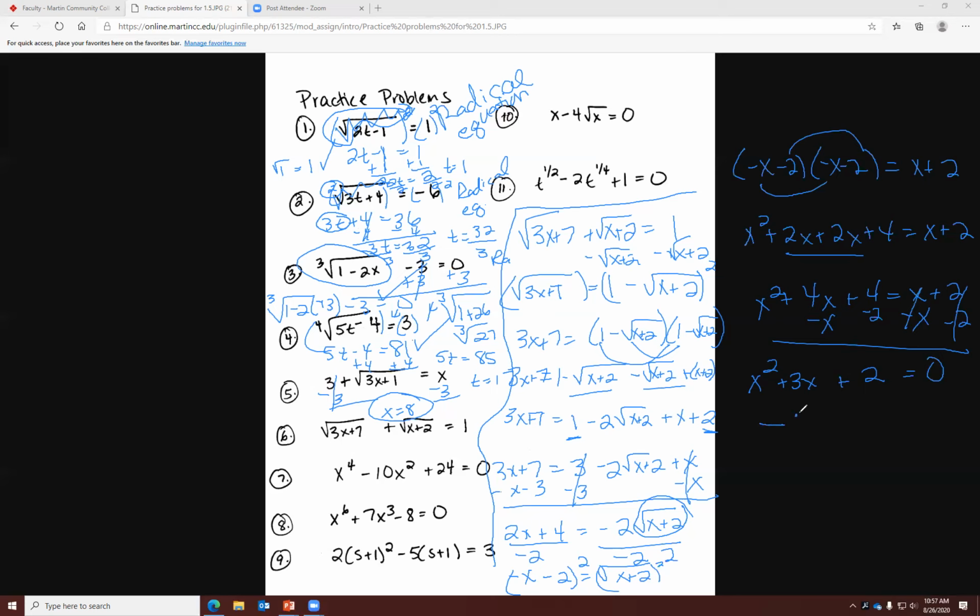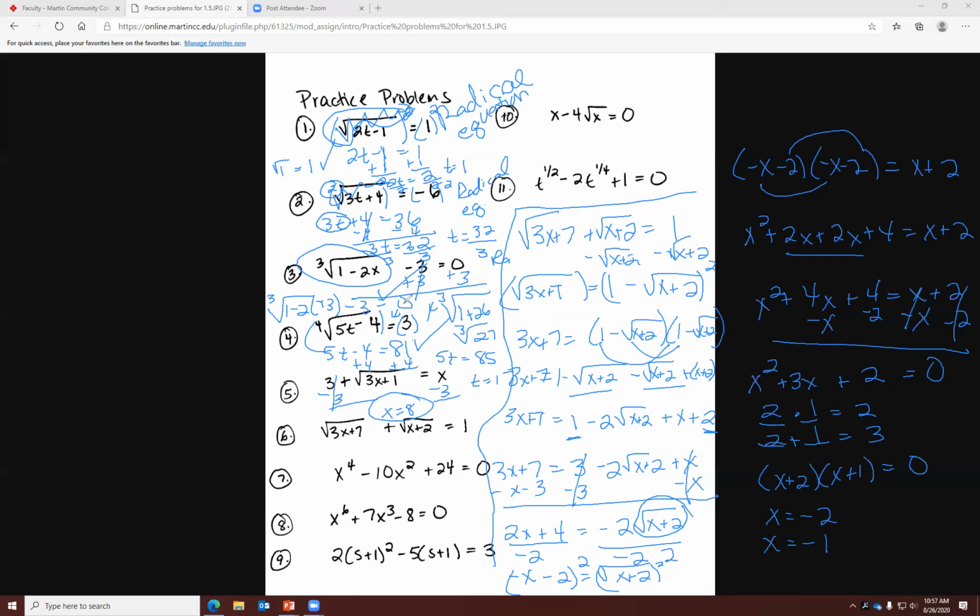I want two numbers that multiply to give me 2, but add to give me 3, okay? So we know what that is. That's 2 and 1. 2 plus 1 gives you 3, 2 times 1 gives you 2. So my factor is going to be x plus 2 times x plus 1 equals 0, and then I solve each, and you'll end up with x equals negative 2, and x equals negative 1.